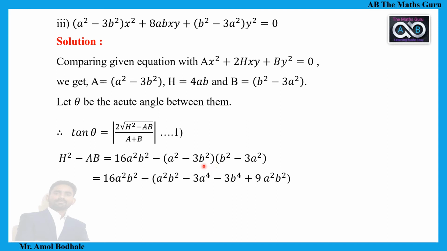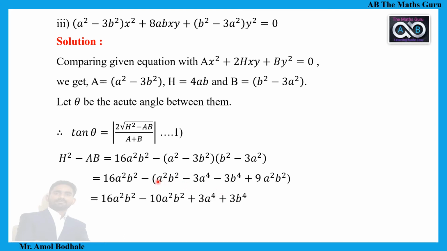Let's expand this. If we multiply a square to this bracket, we get a square b square minus 3a raised to 4, and if we multiply minus 3b square to this bracket, we get minus 3b raised to 4 plus 9a square b square.